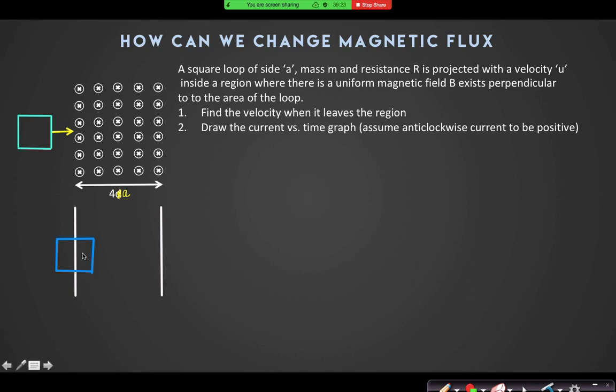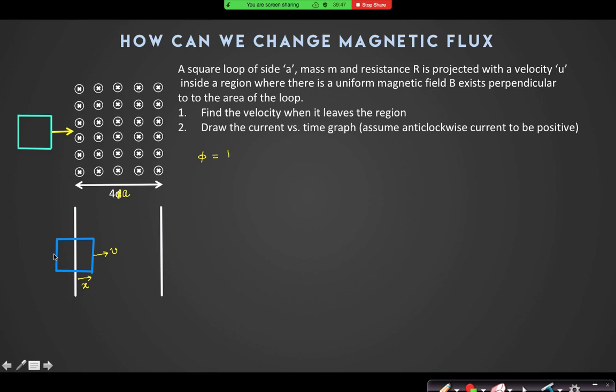Okay, chalo. If I say that this velocity is v, when it has moved inside by a distance x, so what is the flux at this instant? For this particular instant I am calculating flux.